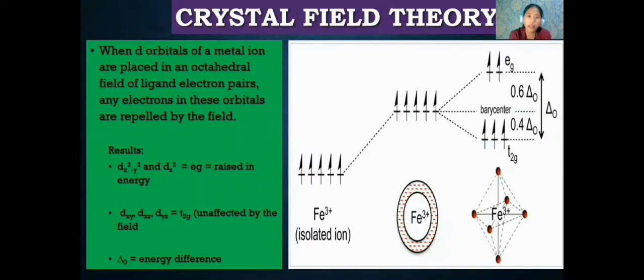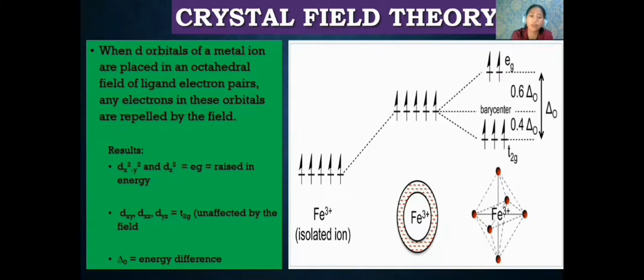We have here a diagram of the crystal field theory. When the d orbitals of a metal ion are placed in an octahedral field of ligand electron pairs, any electrons in these orbitals are repelled by the field. As you can see in the diagram, the isolated ion has degenerate orbitals.